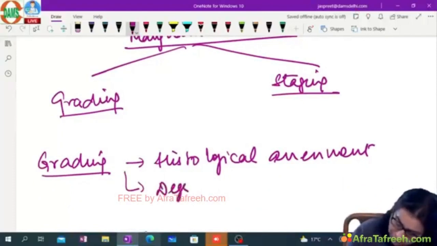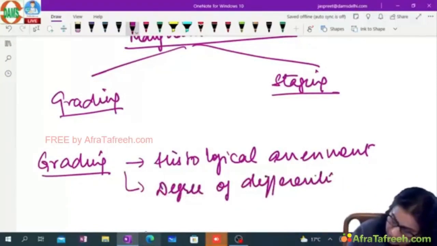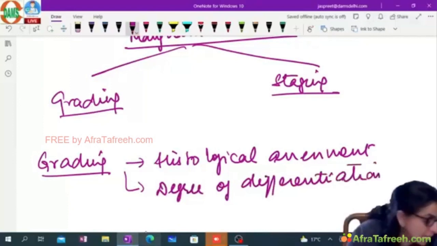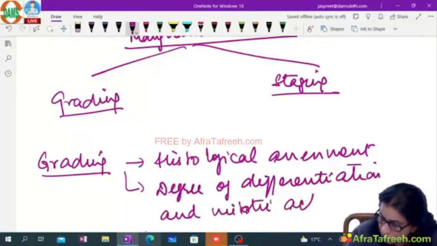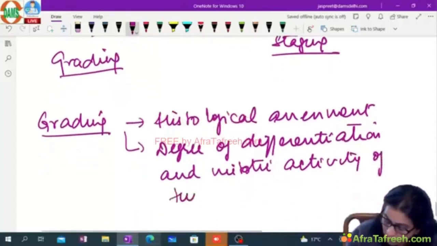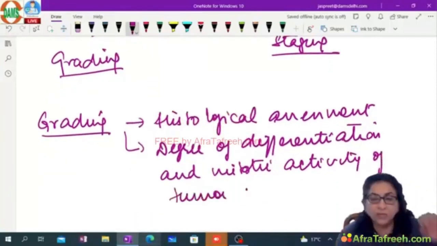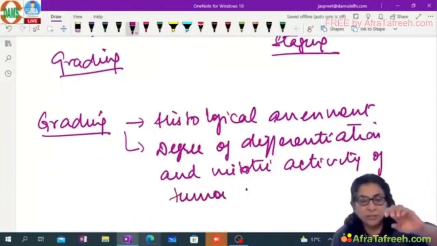So it tells you about the degree of differentiation and mitotic activity of tumor. It will tell you whether the tumor is well differentiated, moderately differentiated. The pathologist is going to tell you, oh yes, the tumor is well differentiated.